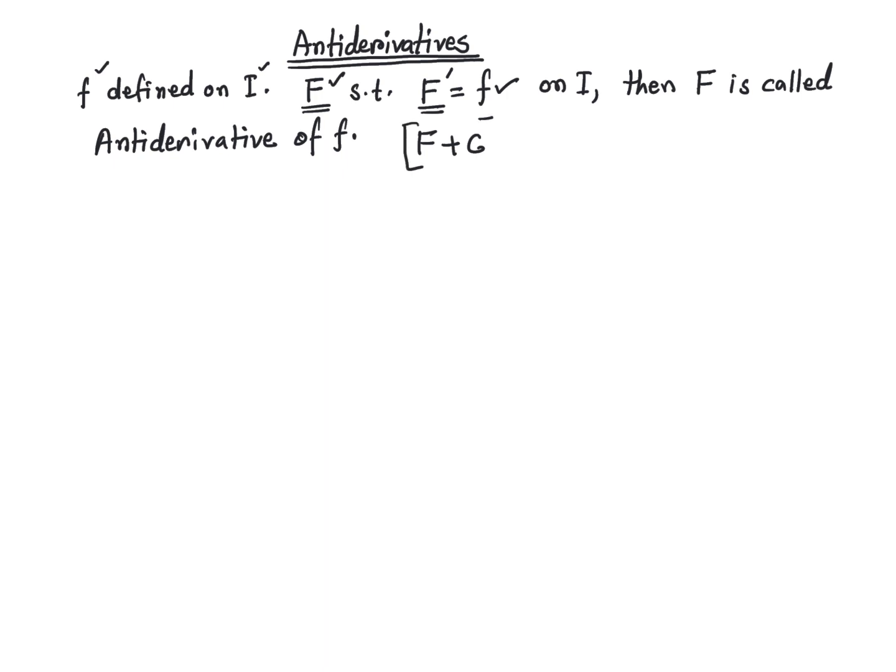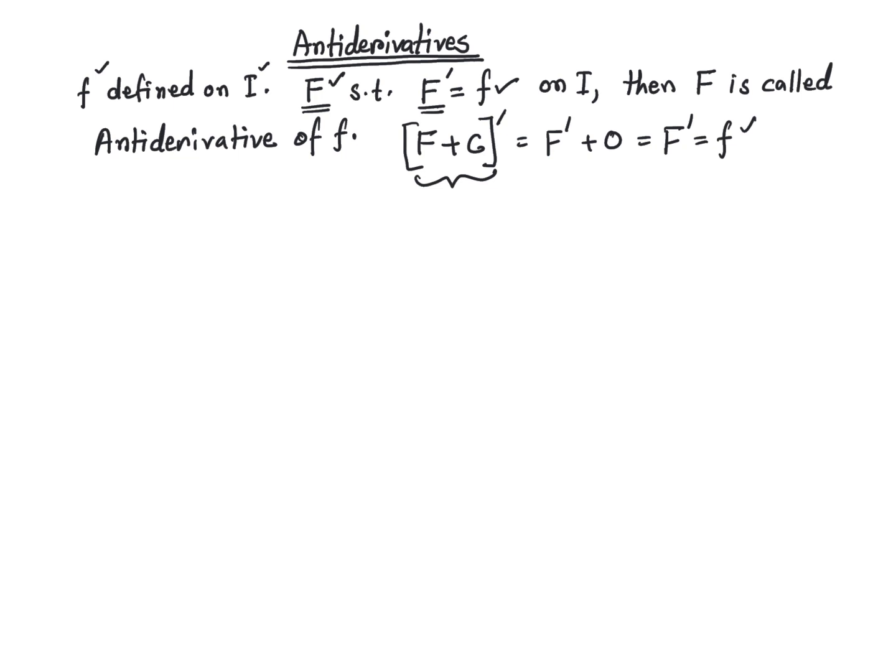If we take the derivative of it, that's going to be F prime plus the derivative of a constant, which is 0. That is F prime. Oh, by the way, according to our assumption, that's also f.